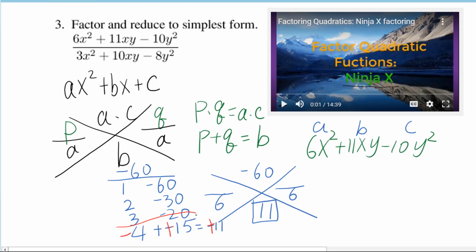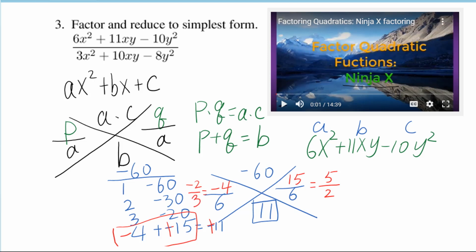Then negative 4, positive 15 will be this p and q. So we will put here negative 4 and positive 15 here. We need to reduce. You will get 5. Here is a 2. Reduce. You will get negative 2. Here is a 3.